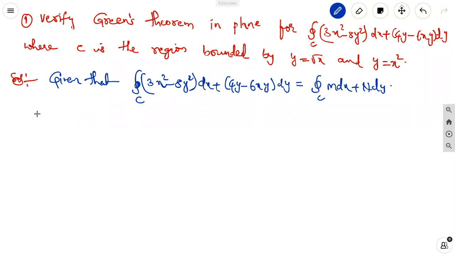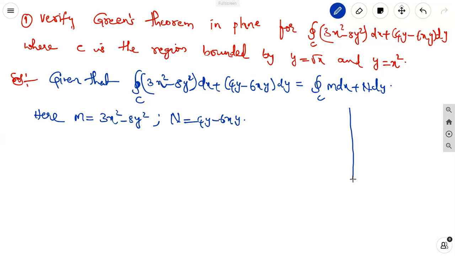Here M is equal to 3x² − 8y², and N is equal to 4y − 6xy. First, we draw the diagram to get the parabolas. These two are parabola equations, one is y = x².